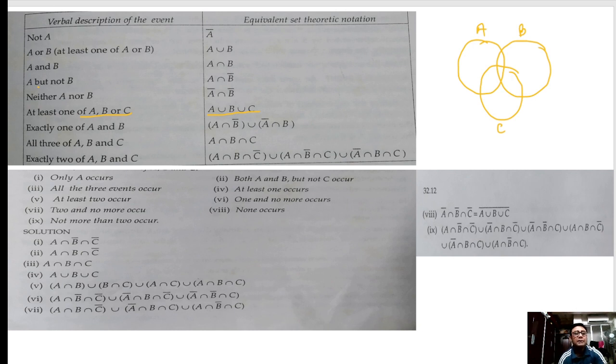So if you are choosing this, A union B union C will be this whole portion.